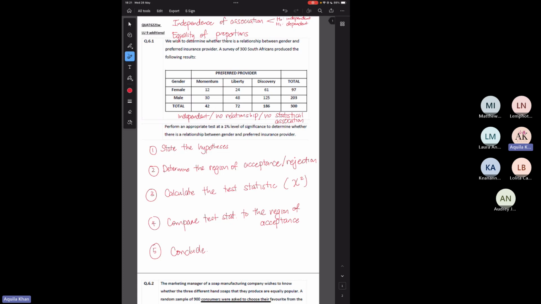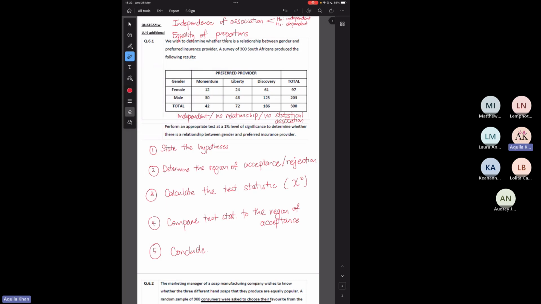And as always, because the null and alternate are opposites to each other, whatever the null says, the alternate must say the opposite. So the opposite will say either that the two variables are dependent on each other, or that there is a relationship between the two variables, or that there is a statistical association between the two variables.